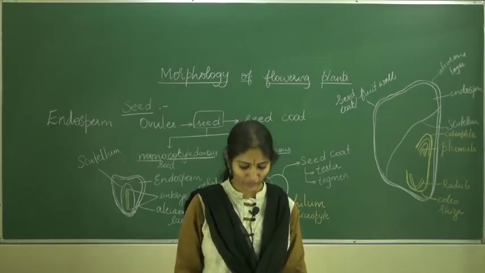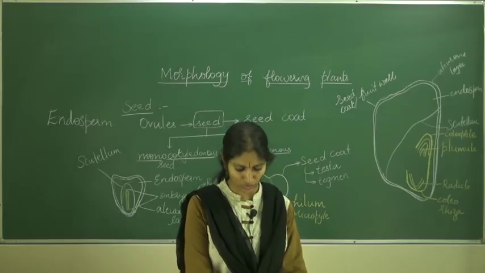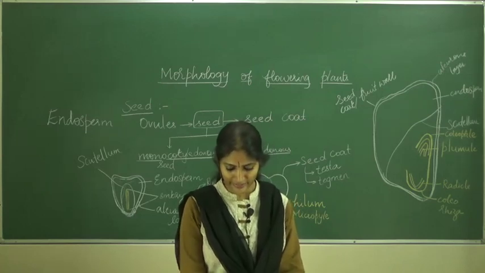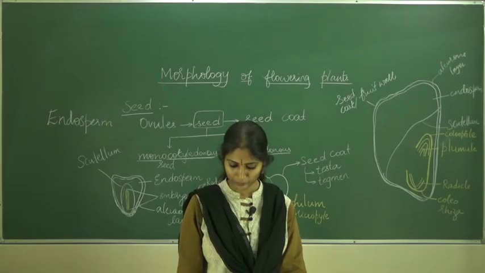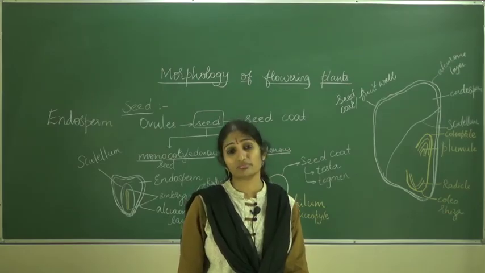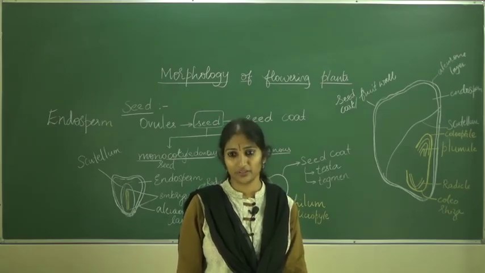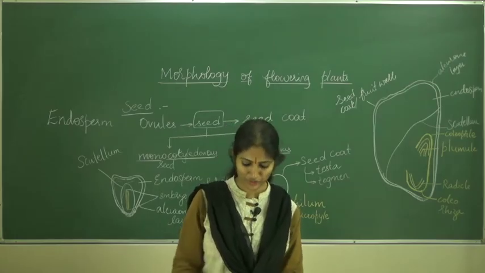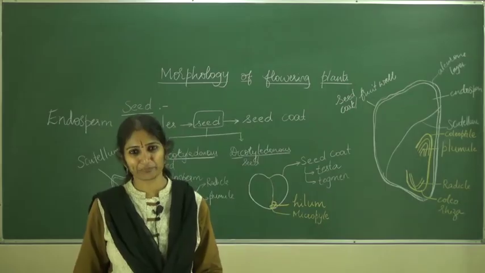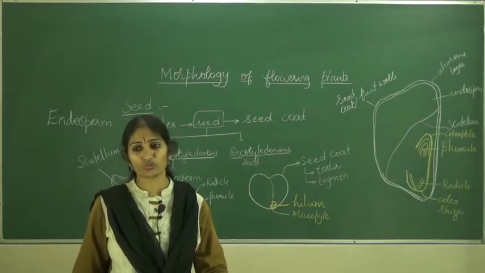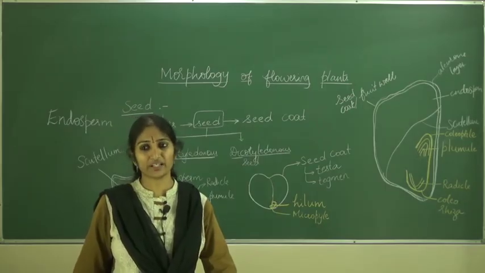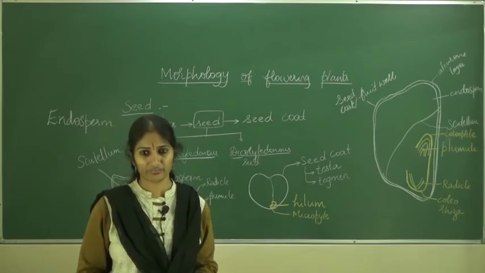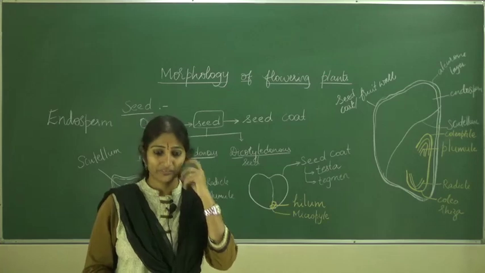Then if you can get a potato or a tomato or a chili plant, and then one tulip plant or asparagus, that would be really great. Otherwise I can show you with pictures, but that would not be that interesting. So I would want you people to get that plant with you, and I will also get that, and when I am dissecting, we can actually do it very well.